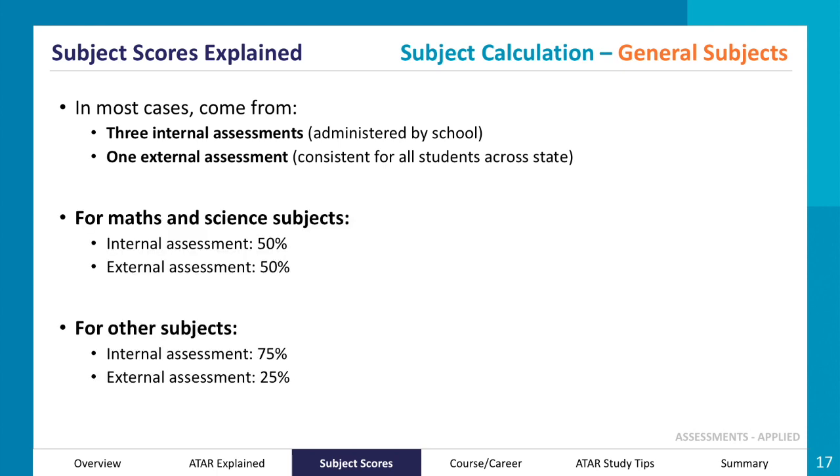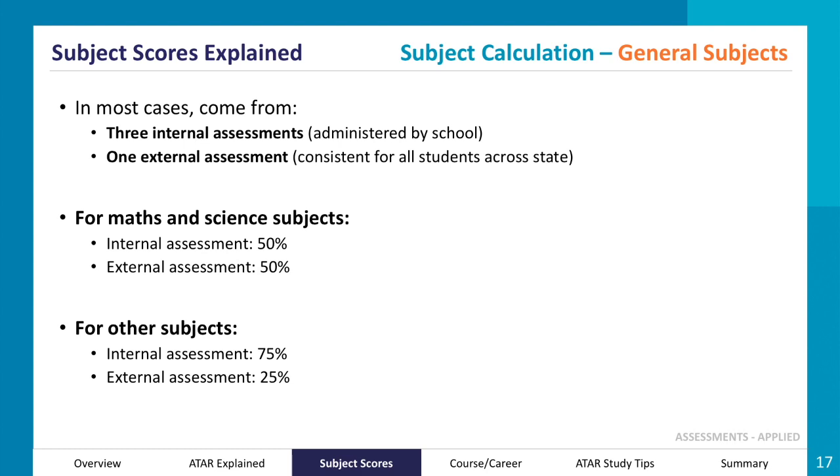Now, depending on the type of QCE subject, that's going to dictate how important, in terms of weighting, the internal assessments are as opposed to the external assessments. As you can see, for math and science subjects, there's a 50-50 split. So that final external assessment contributes half of the entire subject score.